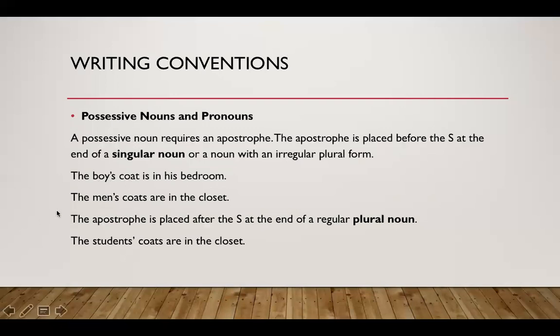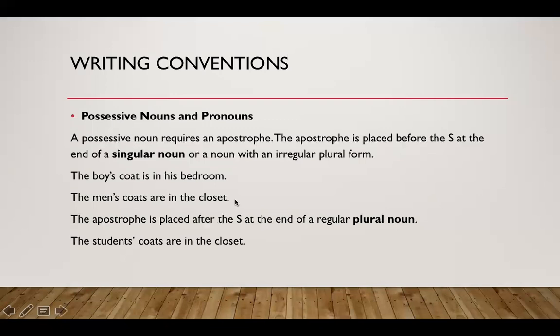An irregular plural form in the noun, for example, men. Men meaning many mans or many boys. But the word men in and of itself is irregular because it's not mans, M-A-N-S. So the men's coats are in the closet.